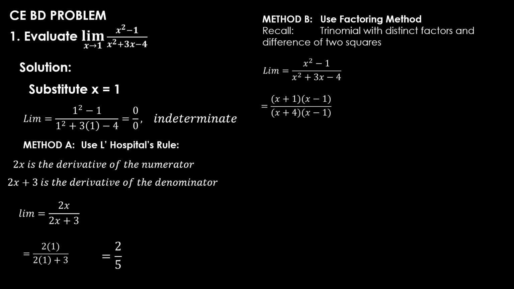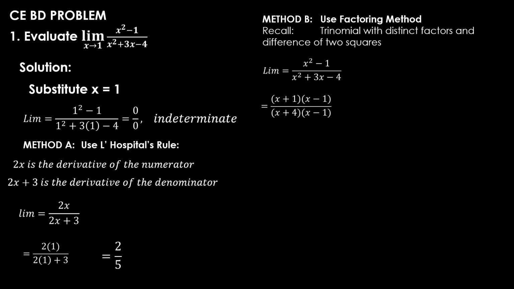Allow me to read our given solution. For our numerator, we have x plus 1 times x minus 1, and our denominator will be x plus 4 times x minus 1. As we can see, if we analyze the given solution, we can see x minus 1 twice: one at the numerator and another one in our denominator.